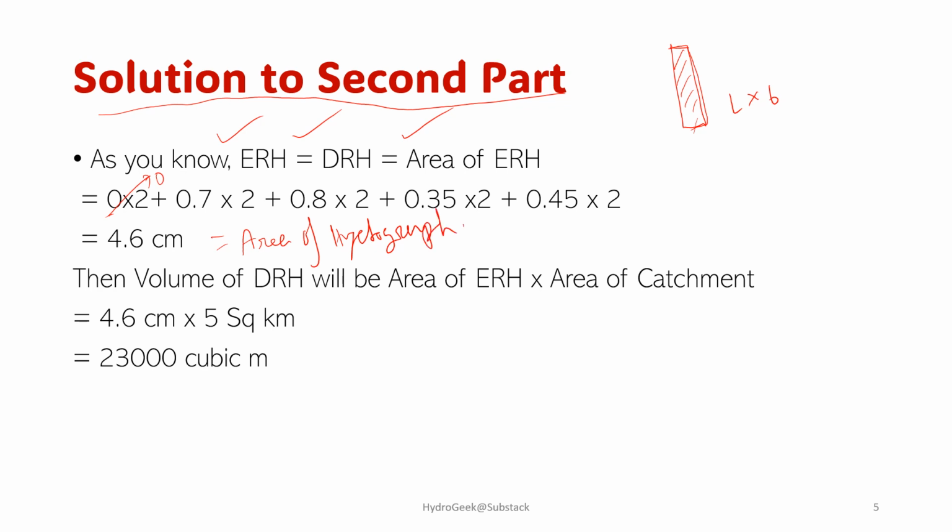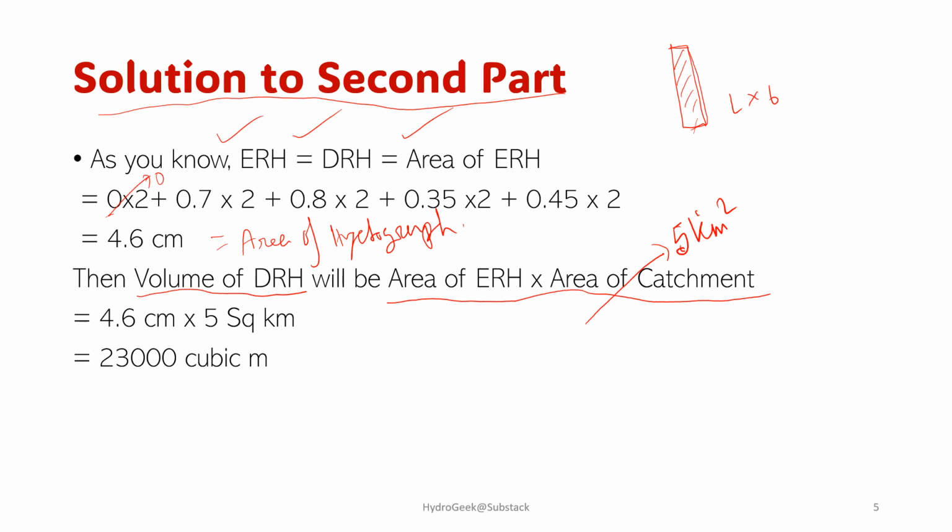Now my next problem is to find the volume of DRH, which is given by the area of ERH multiplied by the area of catchment, and the area of catchment is already given as 5 kilometers square.